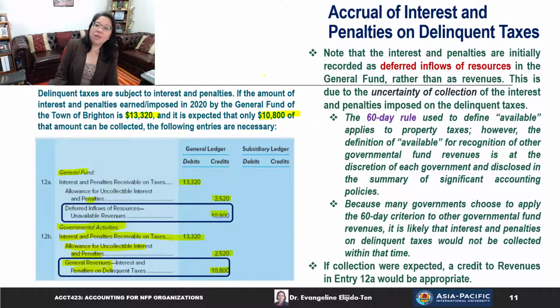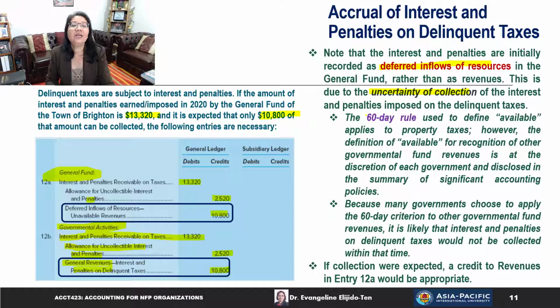Note here that the interest and penalties are initially recorded as deferred inflows of resources in the general fund. Rather than revenues, they are recorded as deferred inflow of resources. This is because of the uncertainty of collection of the interest and penalties imposed on delinquent taxes.